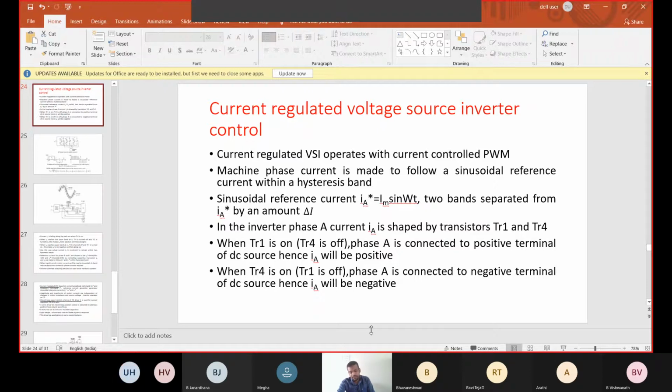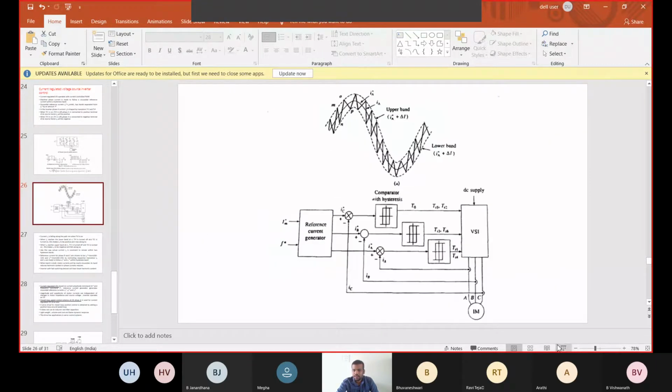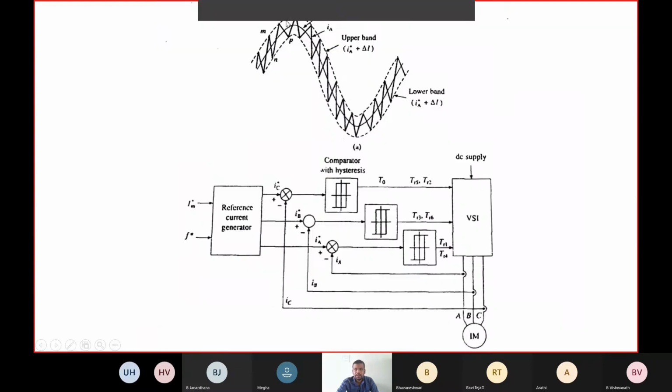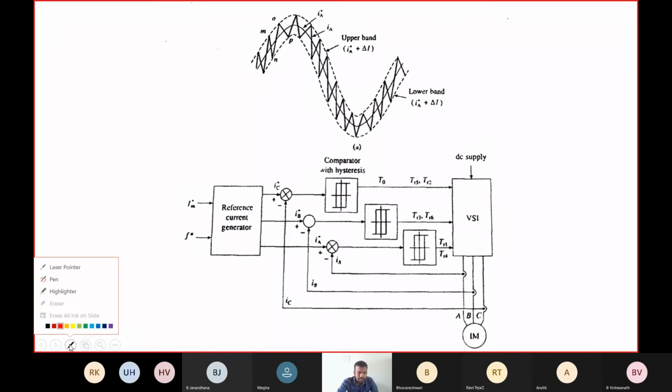This is our hysteresis band. These are the hysteresis bands.